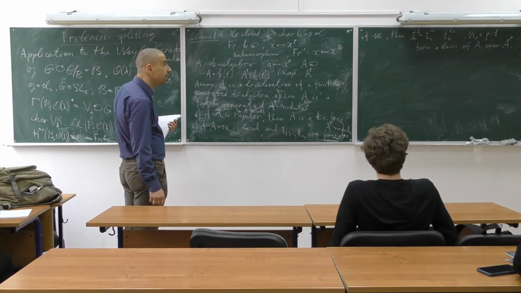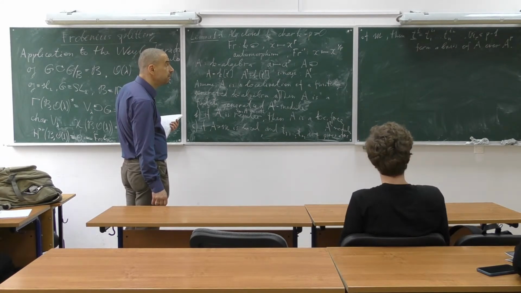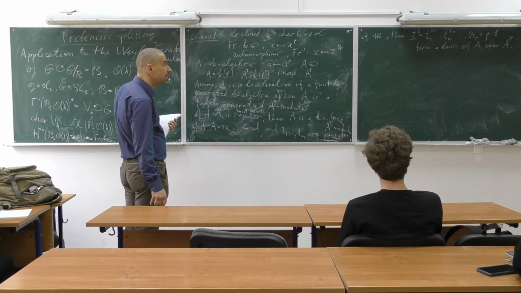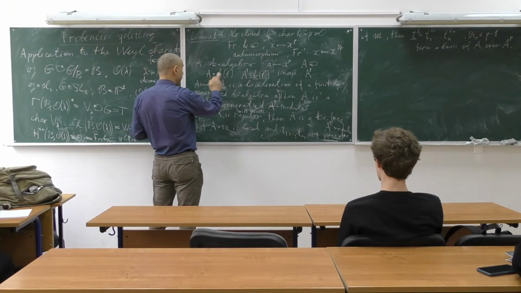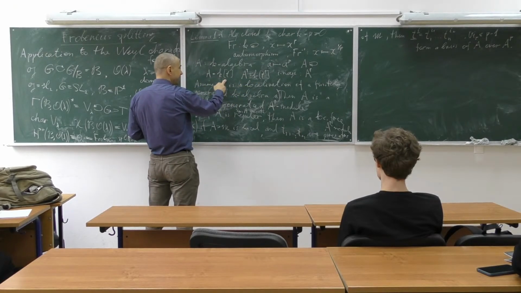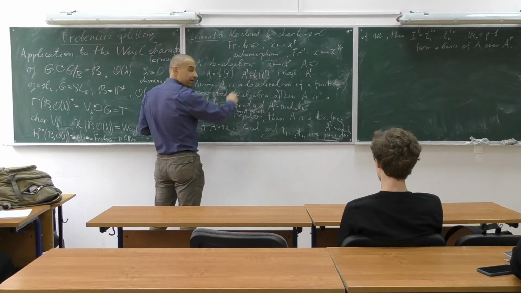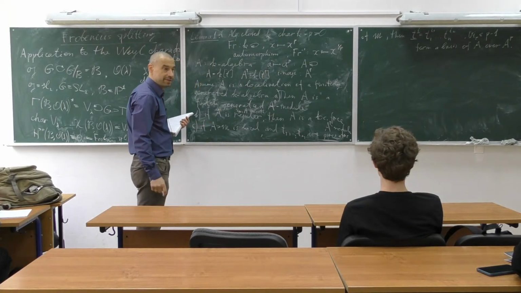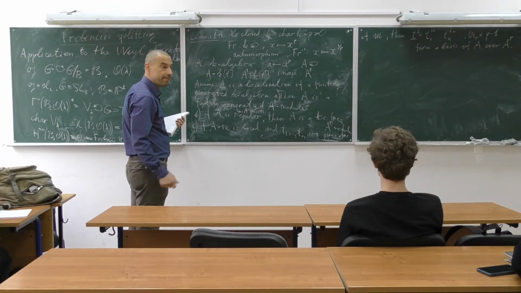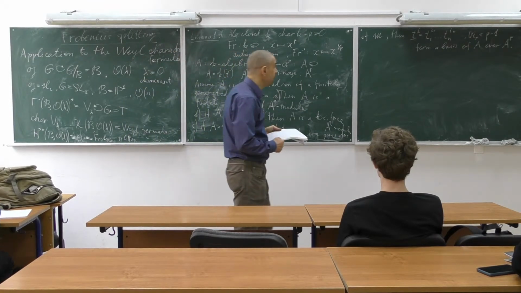For example, in the polynomial case, it's clear that the basis of this module over that is just 1, t, t squared, and so on, t to the power p minus 1. And that's an immediate generalization. Okay.